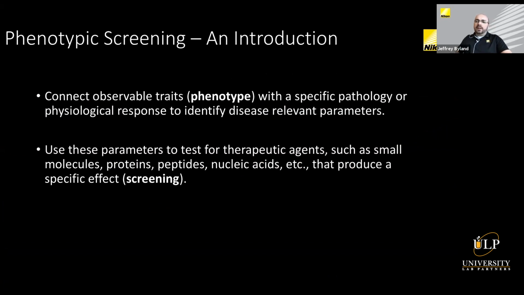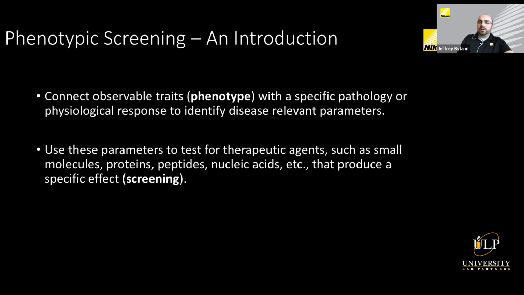So when we talk about doing imaging and screening in R&D, one of the biggest applications is something called phenotypic screening. When we're talking about phenotypic screening, of course, we're looking at a phenotype, and it includes connecting observable traits, which is the phenotype, with a specific pathology or physiological response that helps us to identify disease-relevant parameters, right?